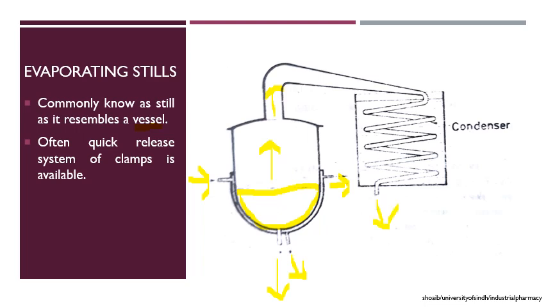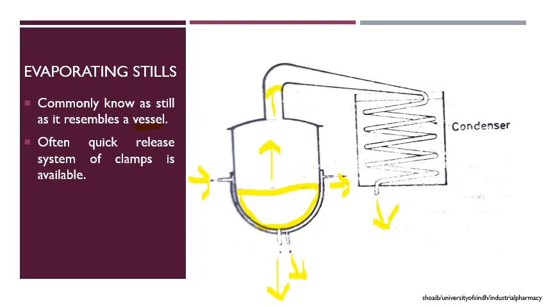As we have already discussed, evaporating pans are only used for aqueous substances or where the solvent is very cheap. For expensive solvents, for example alcohol, we cannot use evaporating pans because there will be loss of the expensive solvent.